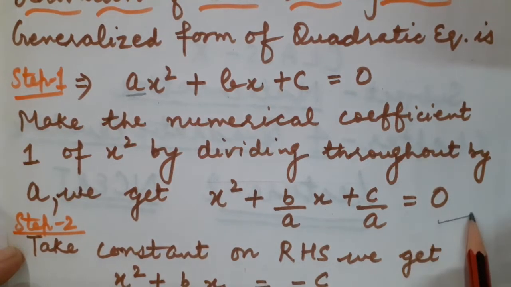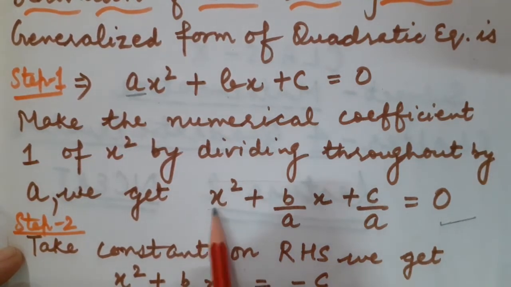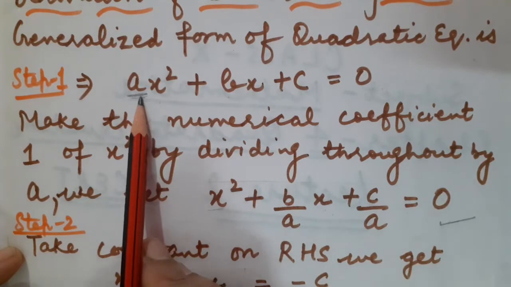This is the very first step to derive the quadratic formula. Basically, I am going to adopt all the steps of the completing the perfect square method. Using that method, I am going to derive the quadratic formula. So, the very first step is to make the numerical coefficient of x square as 1.